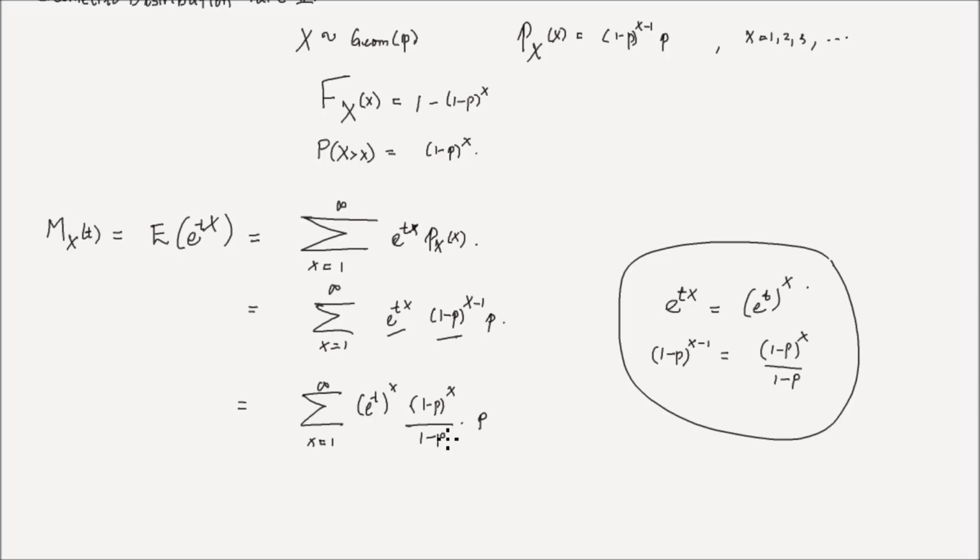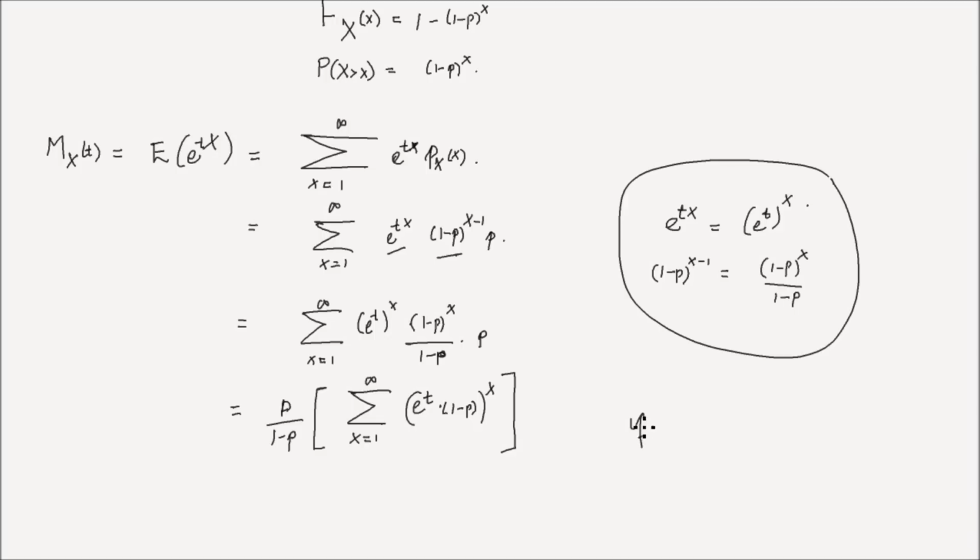But I can take p divided by 1 minus p outside of the summation. So I have p divided by 1 minus p times the sum, x starting from 1 to infinity, of (e to the power of t multiplied by 1 minus p) to the power of x. I can combine these two because they have the same power, which is x.